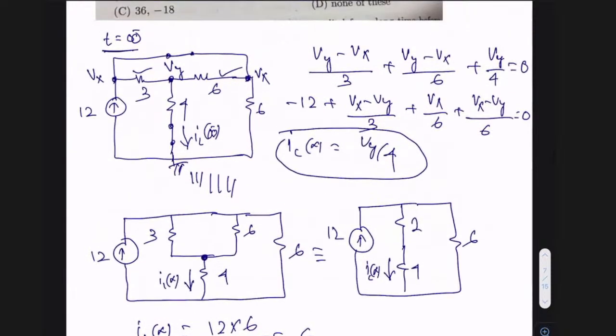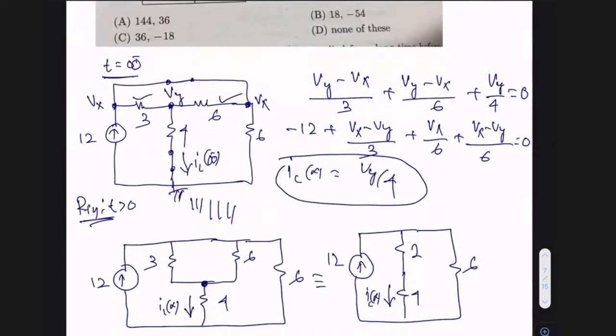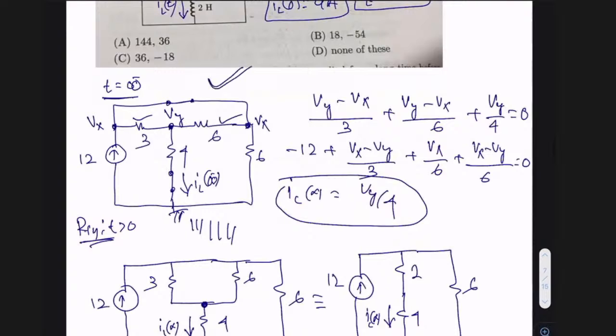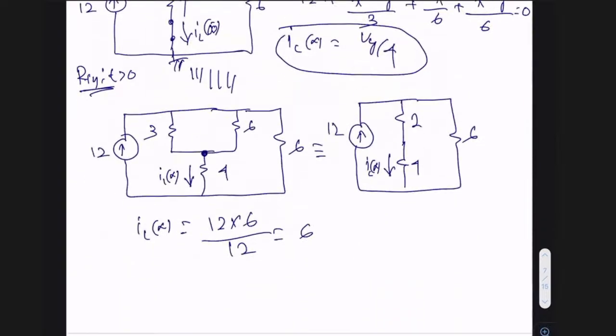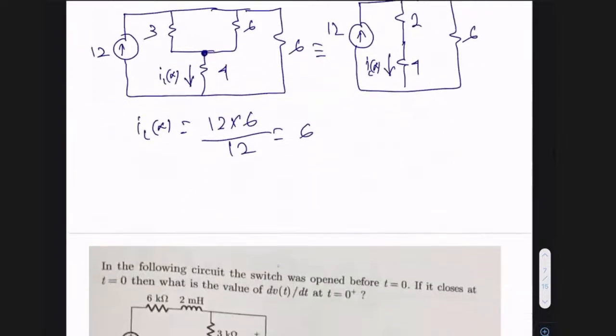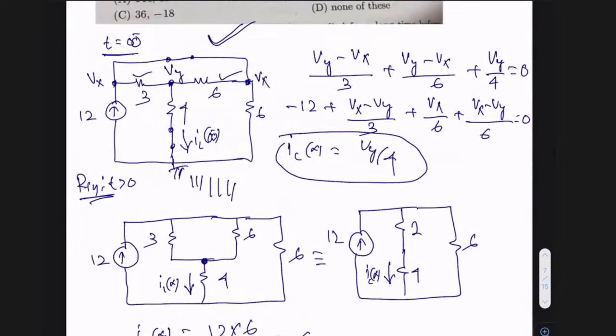To evaluate the time constant I need RTH. For this you have to refer to the circuit which is valid for t greater than 0. T greater than 0 means this is the circuit you will get, but you have to observe this RTH from this terminal. Let me draw a separate circuit for you.